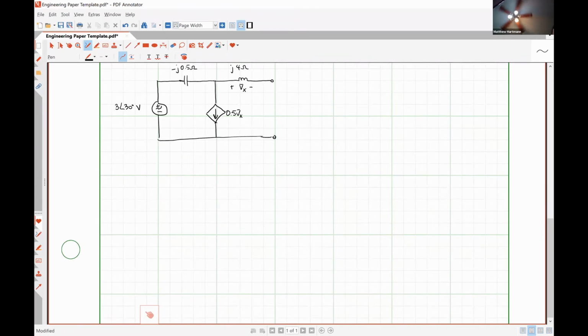The goal here is to determine the Thevenin equivalent impedance of this circuit.